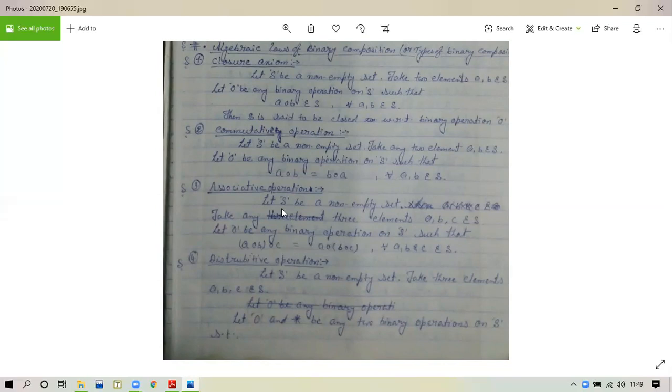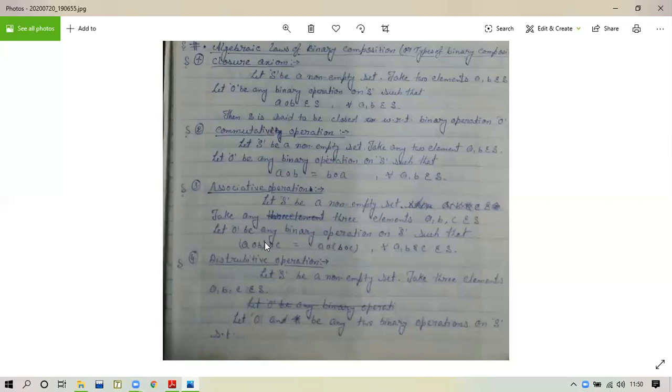For defining this, let S be a non-empty set. Then take any three elements A, B, C belonging to S, and let O be any binary operation on S such that A O B O C equals A O B O C. That means first we operate A and B, whatever we got will be operated with C. And again, when we operate B and C first, and then whatever we got, operate A with the given result.